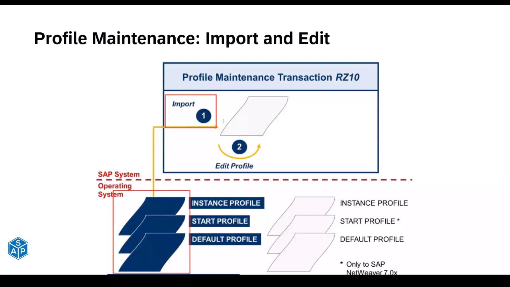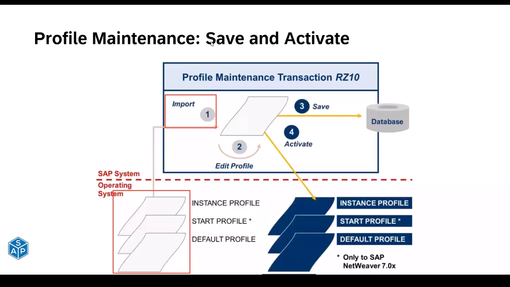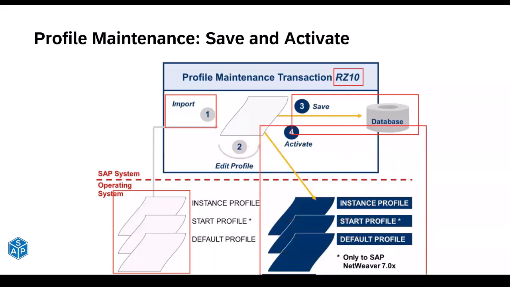Now, when you save the changes, the RZ10 program saves the information in the database, and it also saves the information on your operating system level. You don't have to make changes on both levels. You only have to make the changes in RZ10. It will automatically save it in your database and also on your file system level.